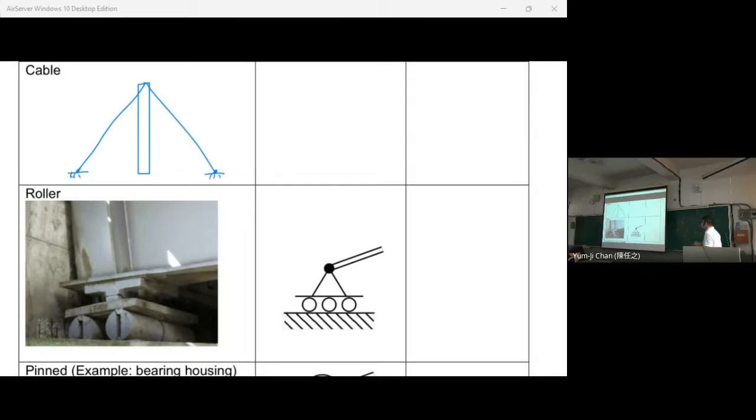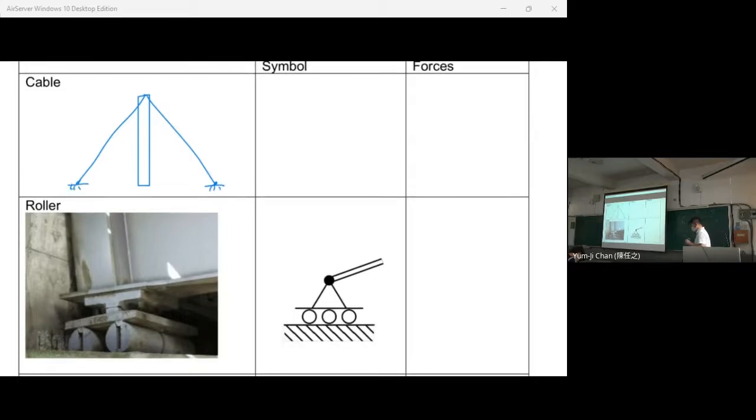For example, you have a column here, and then you have cables here. And for the symbol, usually we simply have this one.